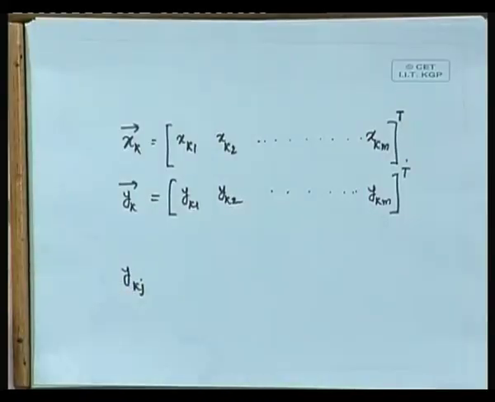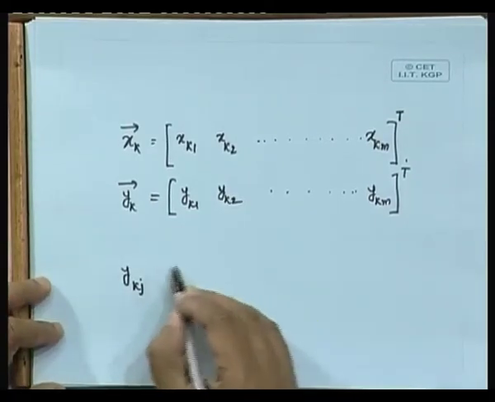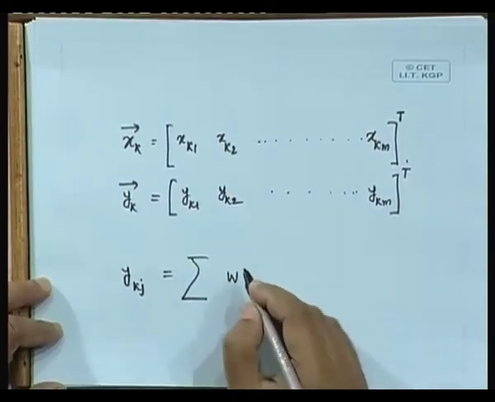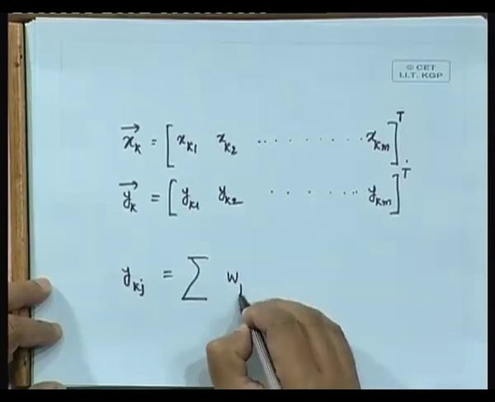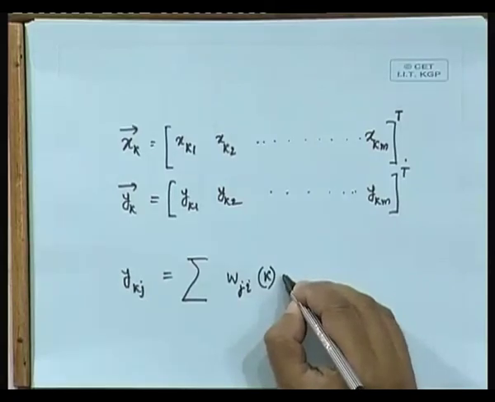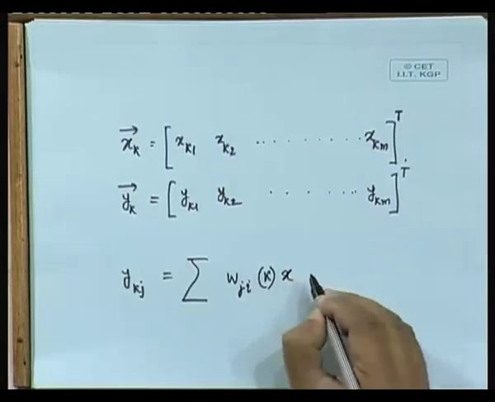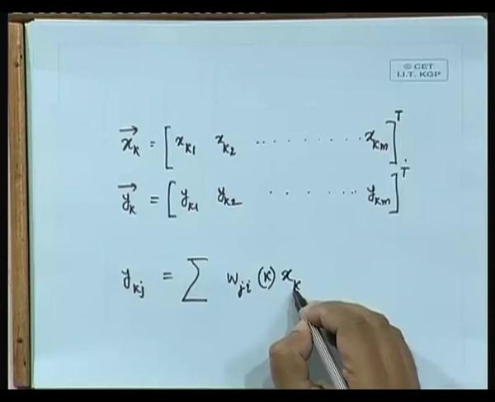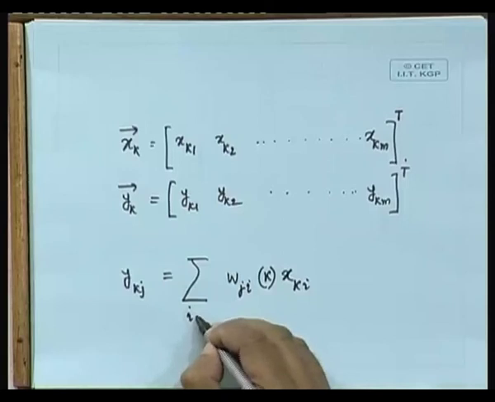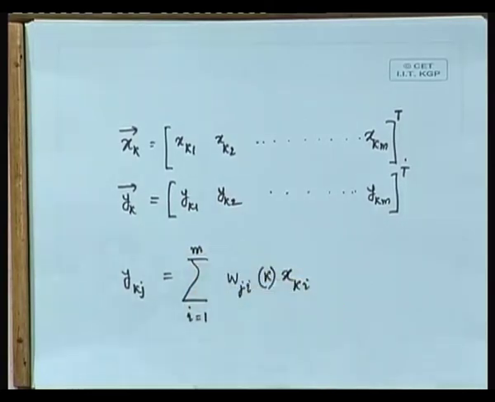Here Ykj we could represent as the summation of Wji for the pattern K, multiplied by Xki, and we have to sum it up over i equal to 1 to m.